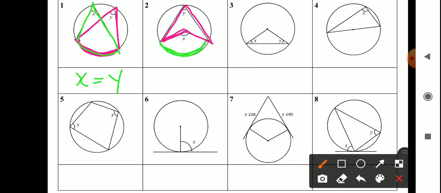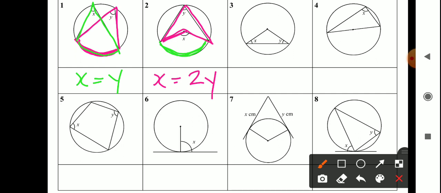So y is the angle at the circumference, x is the angle at the center. Which one is larger? As you can see, x is larger than y. So x is 2 times y. X is double y.